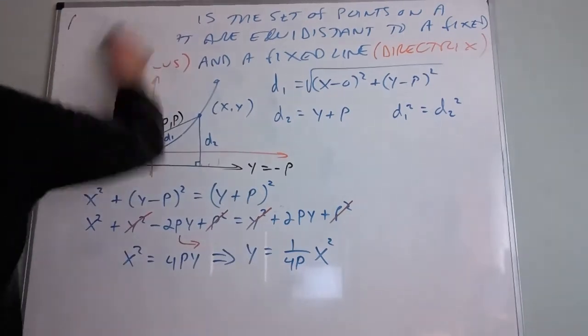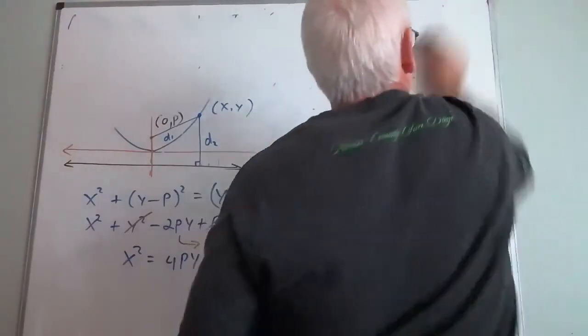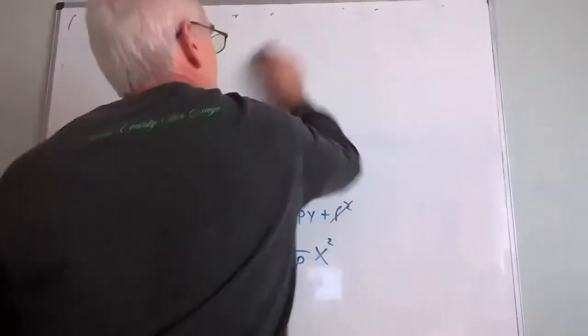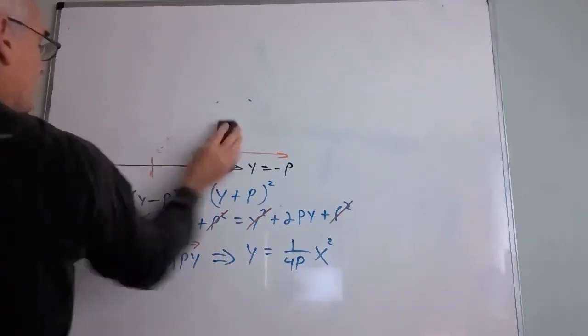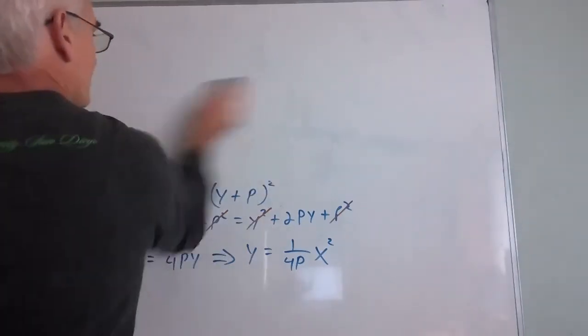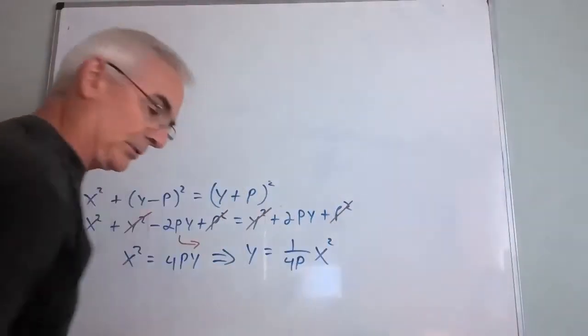So the next thing I want to do is move my shape. Now, I'll remind you, you've done this a million times in algebra and in pre-calculus. If you want to shift something, which is what we're going to do next, I'll give you a simple example.